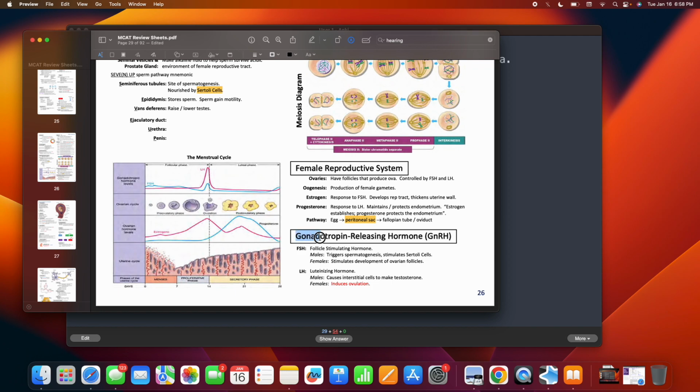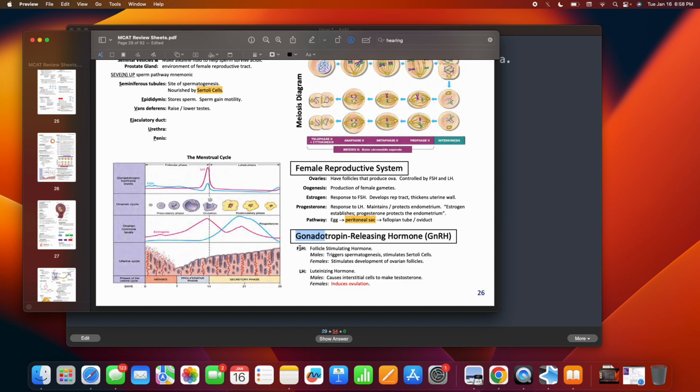The gonado refers to our gonads, which are our reproductive organs, and tropin releasing means the hormones are released. It's a releasing hormone. So GnRH.